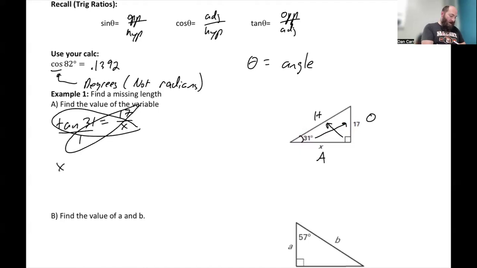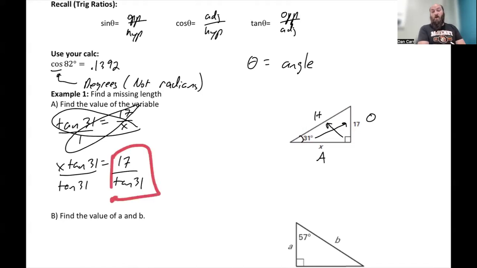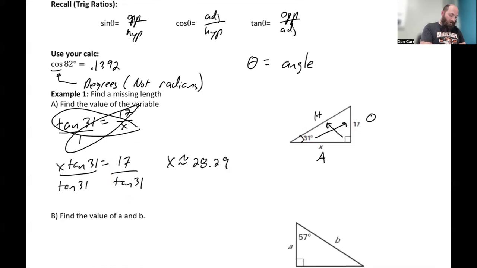Cross multiplying, x times the tangent of 31 is equal to 17 times 1. Then I divide both sides by the tangent of 31. This is what goes in the calculator: 17 divided by the tangent of 31. x comes out to about 28.29.